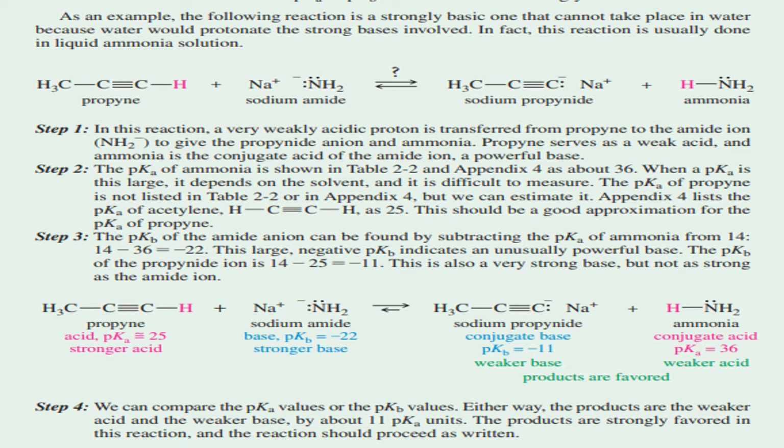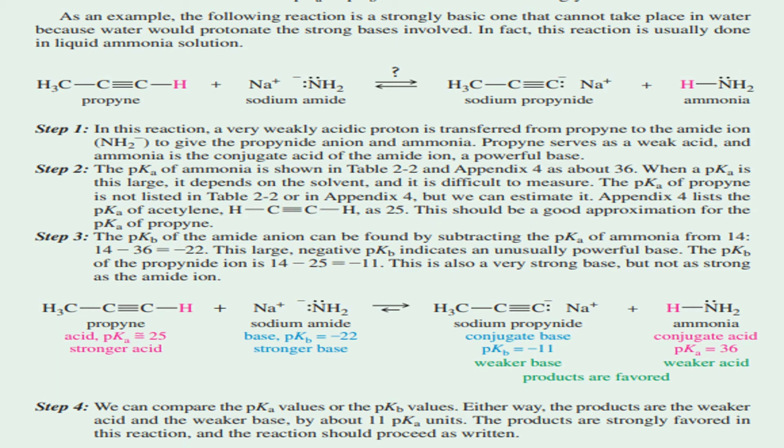The pKb of the amide anion can be found by subtracting the pKa of ammonia from 14. 14 minus 36 gives you minus 22. This large negative pKb indicates an unusually powerful base. The pKb of the propanide ion is 14 minus 25 equals minus 11.